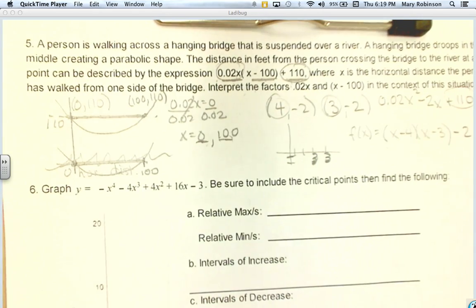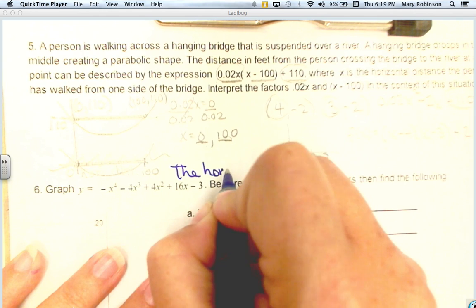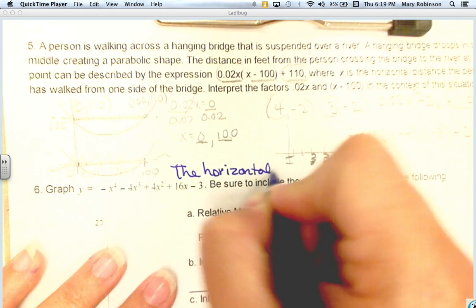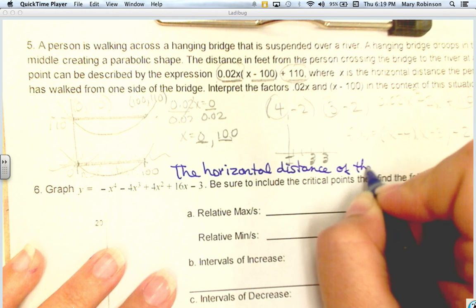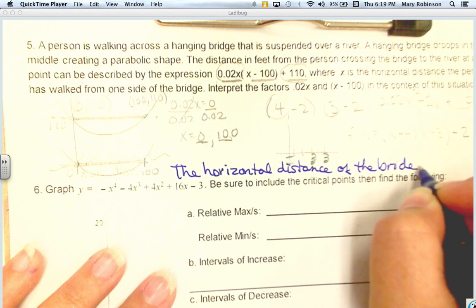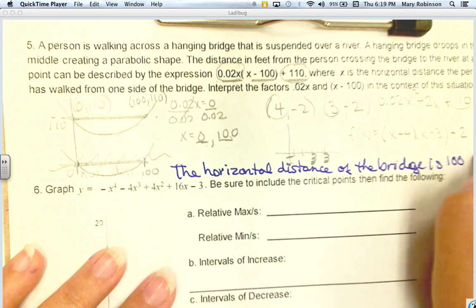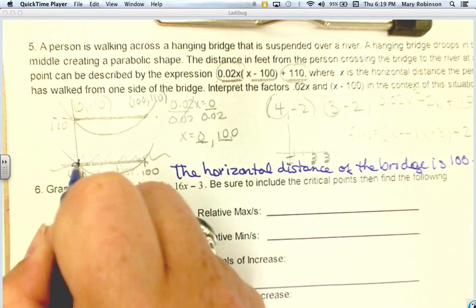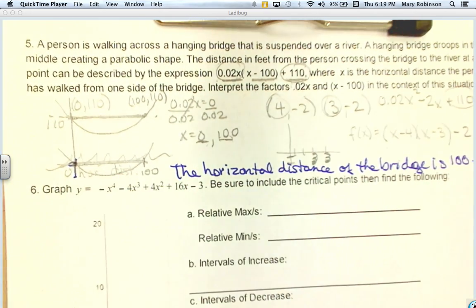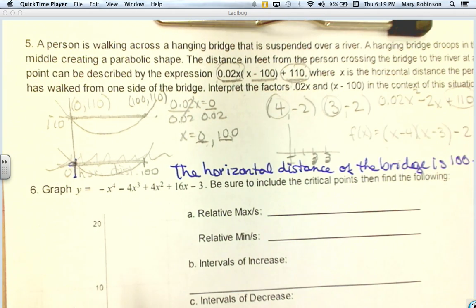And that's what I would want you to state. The horizontal distance of the bridge is 100 feet. Why? Because the zeros were 0 and 100. Okay? So this is kind of the why behind why it works.